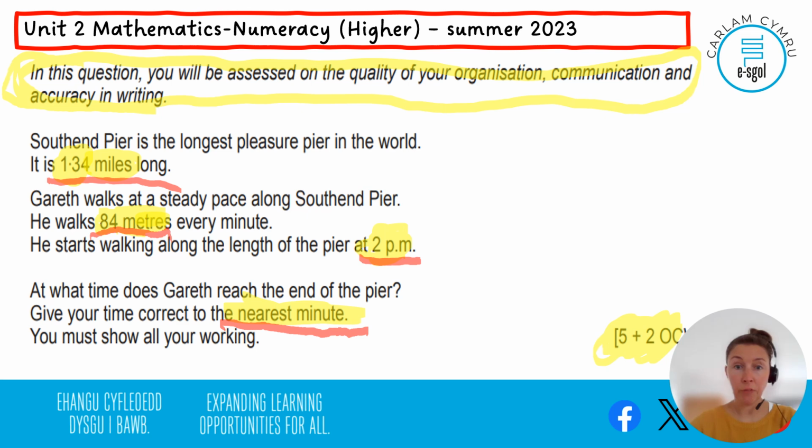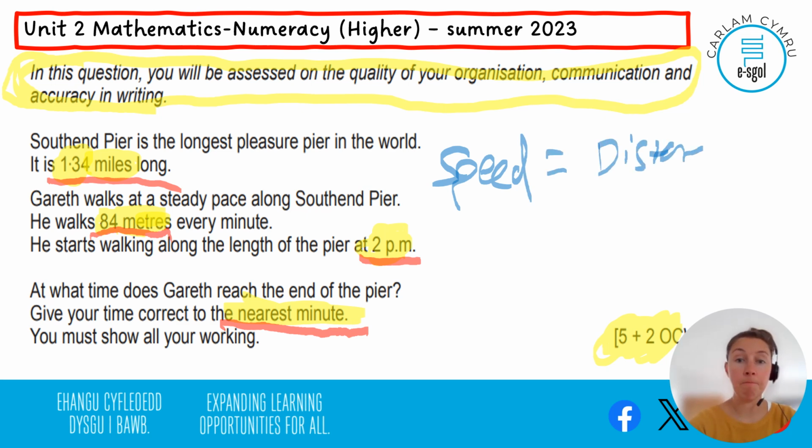So the formula you need to use here, and one you should remember because these sorts of questions in the exam aren't going to give you the formulas to use, is we have the speed, we have the distance of the pier, we also have time.